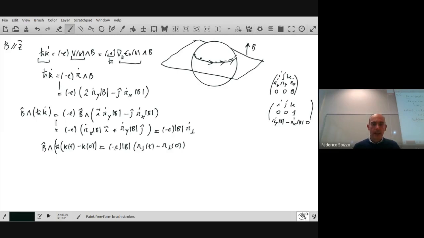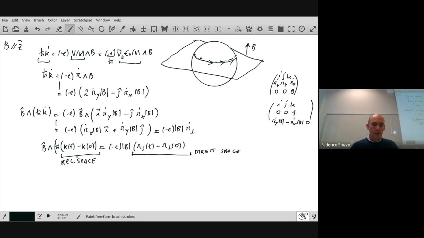So at this point, we have a connection between what happens in the direct space and what happens in the reciprocal space.